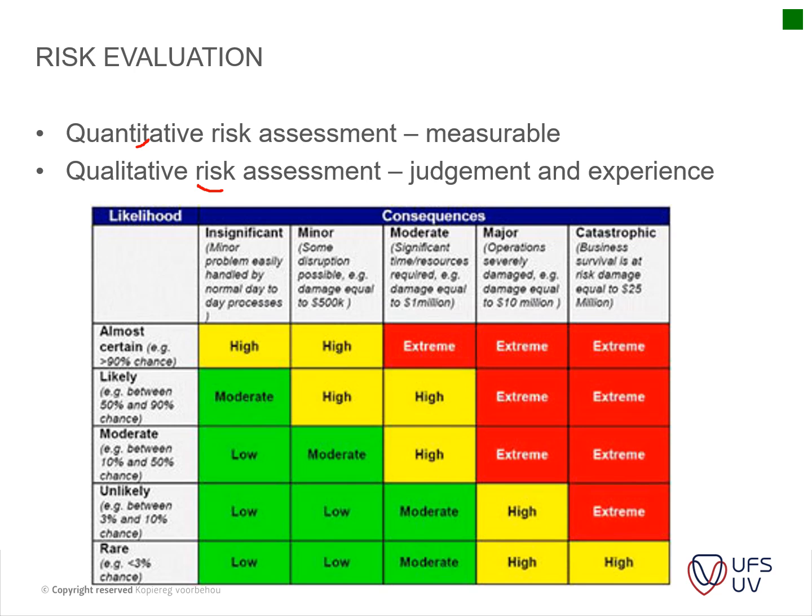Okay, so for instance, looking at working at heights on a ladder, you first have your likelihood of something happening, and then you've got the consequences of that. So firstly, you look at your likelihood. The likelihood that someone might fall from a ladder is quite likely, or let's say it depends. It might be moderate.